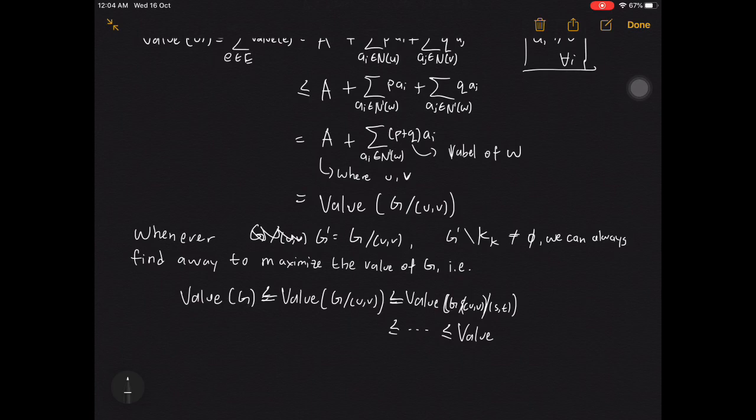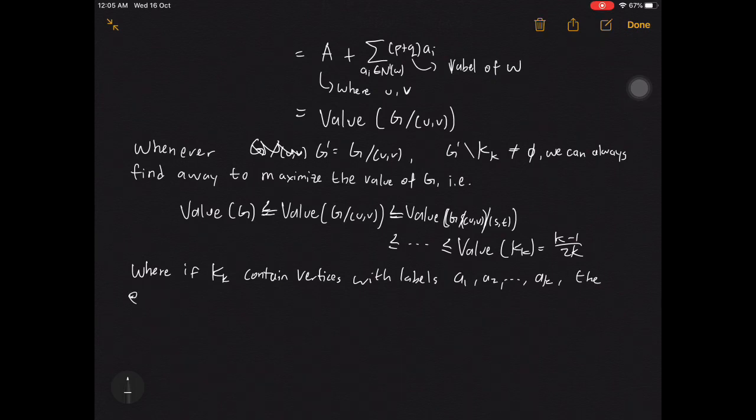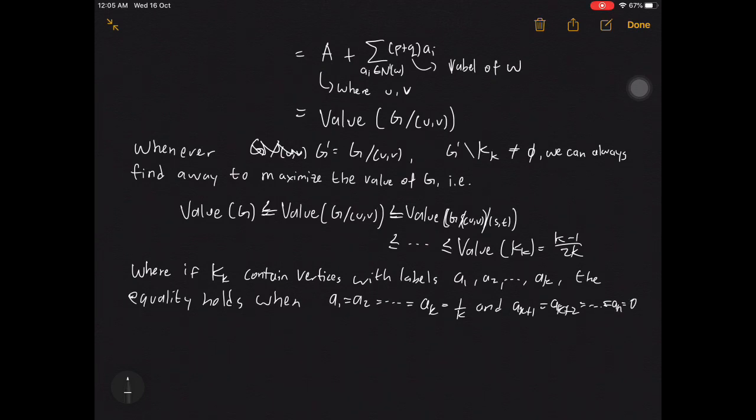we might end up with the value of the K clique, which is equal to k minus 1 over 2k, where if the K clique contains vertices with labels a1, a2 until ak, the equality holds when a1 equals a2 and so forth until ak equals 1 over k, and ak plus 1 equals ak plus 2 until an equals 0.